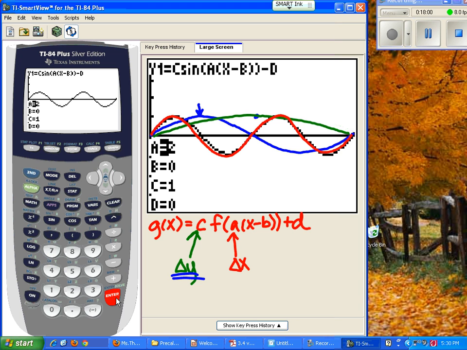So now we have, within one parent graph, 2 cycles. So that graph in red is why, when we change this value here to 2, we get a horizontal compression by a factor of 1/2, because we cut it in half of what our parent graph was originally. So notice that half of our parent graph is now 1 cycle.